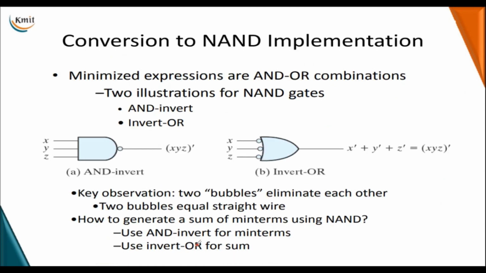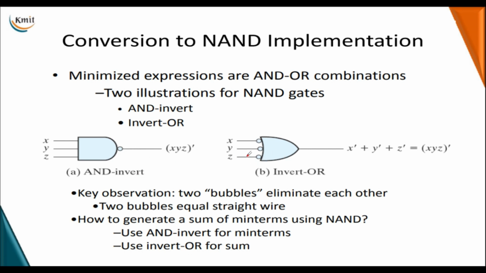Now, how to implement the AND-OR logic system completely into NAND logic. Here we have converted the AND gate into the NAND gate by bubbling the output, which is AND inversion, which will give you NAND.